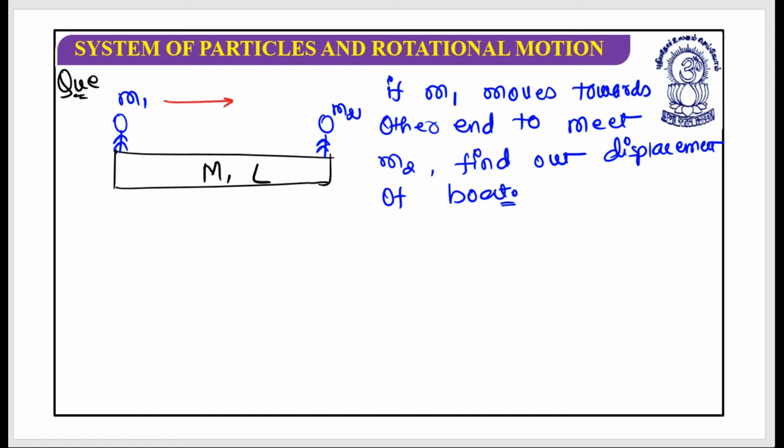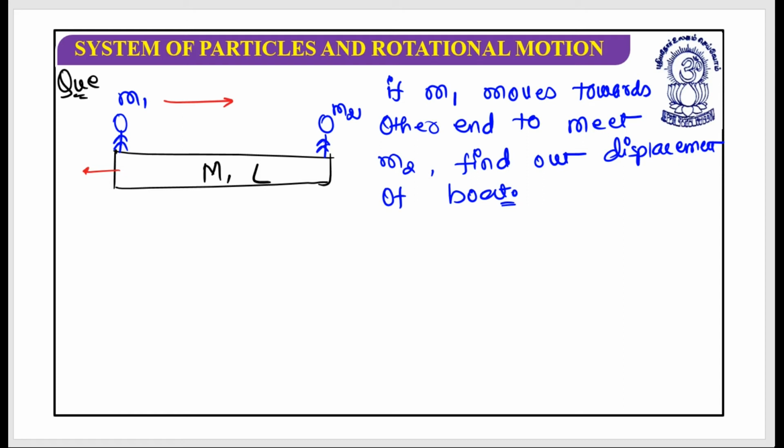So what I understood is that m1 is shifting towards this, and while m1 is moving towards this, the boat needs to move towards this. Why? Because of momentum conservation. The person can move in the forward direction due to the force of friction only, but that force of friction should be treated as an internal force acting between the system.